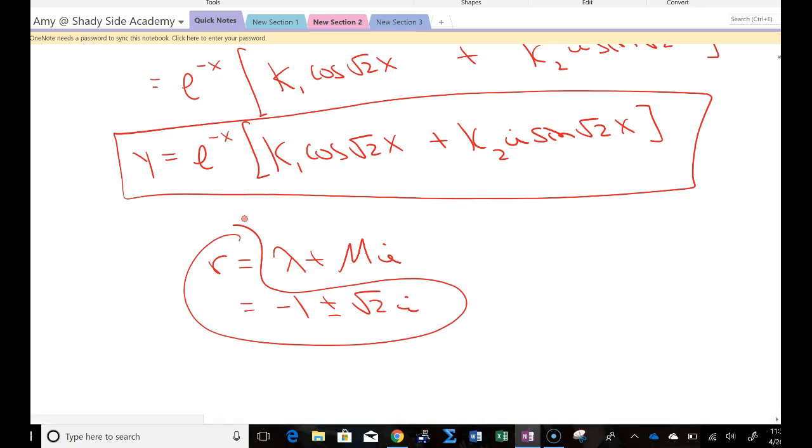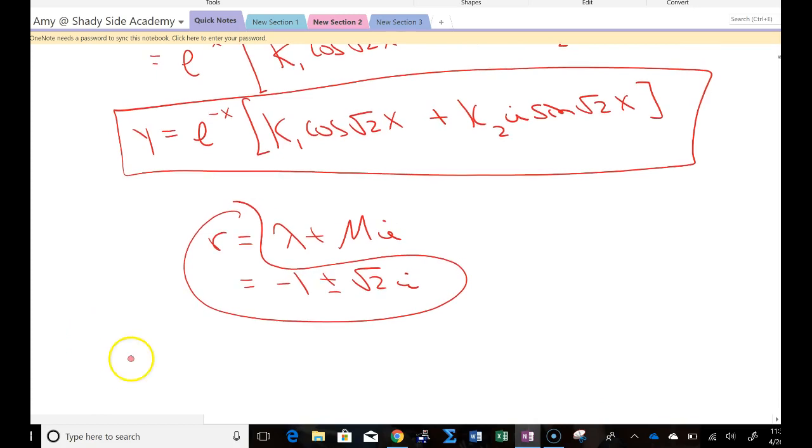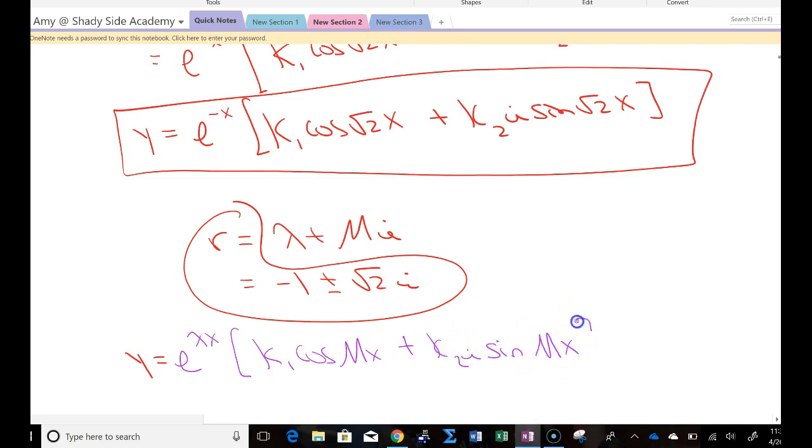When that happens, you know that your general solution will always be y equals e to the lambda x, here negative 1 times x, times k1 cosine of mu x plus k2 i sine of mu x. You can skip all the derivation and go straight here.